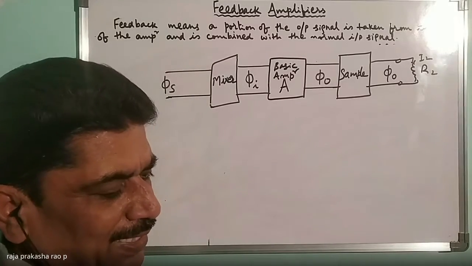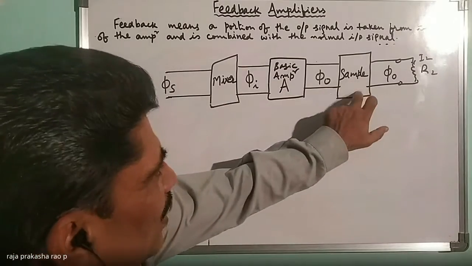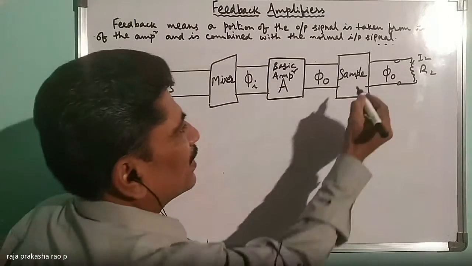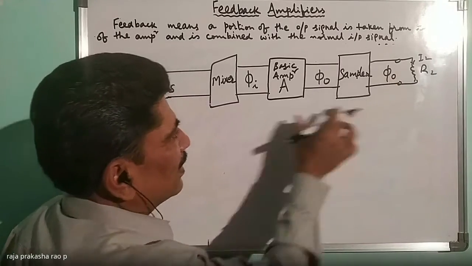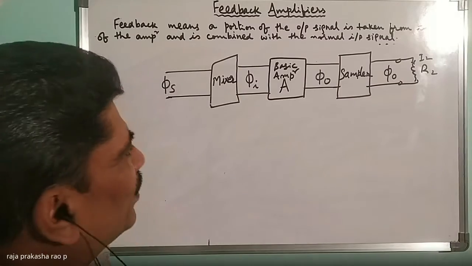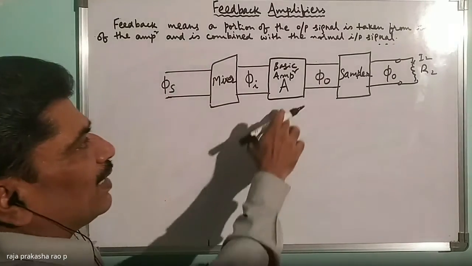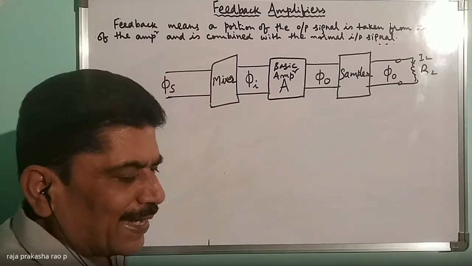When we are not using any feedback, the sampler and mixer are extra and not connected to anything. It will act as only a basic amplifier, which amplifies the input signal. φS will be amplified by this basic amplifier whose gain is A.